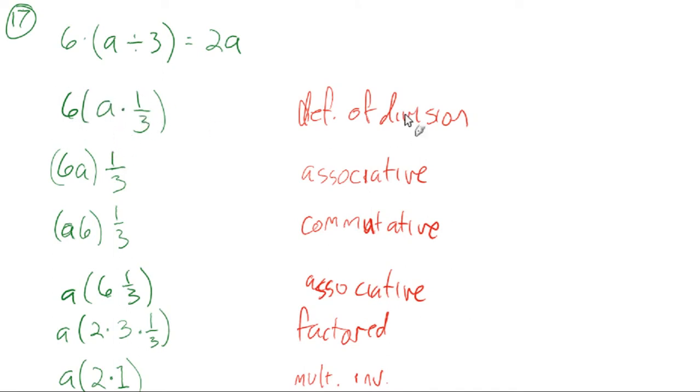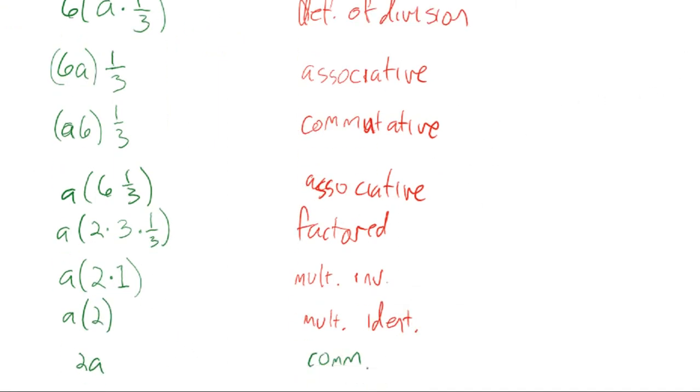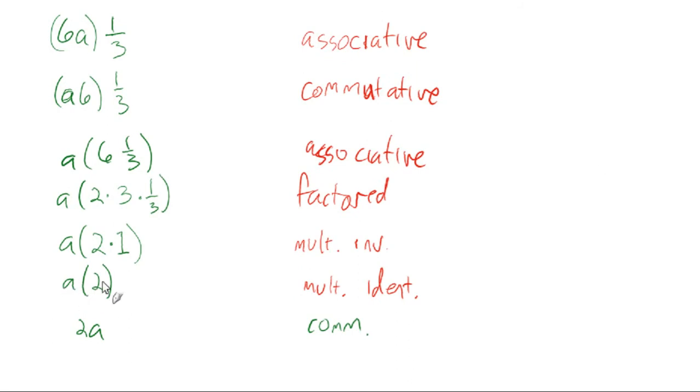Well, I just did all of this stuff all in my head, because what I did was I recognized that I can multiply 6 times a third, and that order is not important when I'm multiplying everything together, which means that I first took 6 and put it over here, realizing that the commutative property is at play, and I jumped all the way down to here and recognized that there's a factor of 3 in 6, and that 3 times a third is 1, and so the 3 and the 1/3 cancel each other out, and I'm left with just the factor of 2, and that I can then switch 2 and a, so that 2 times a, it's in that order.